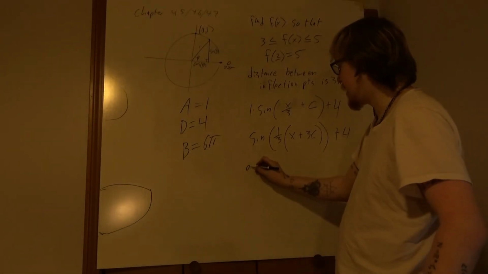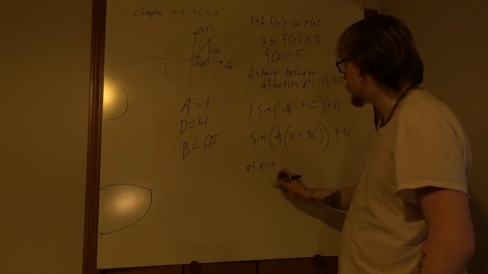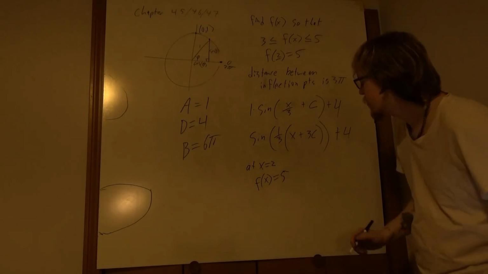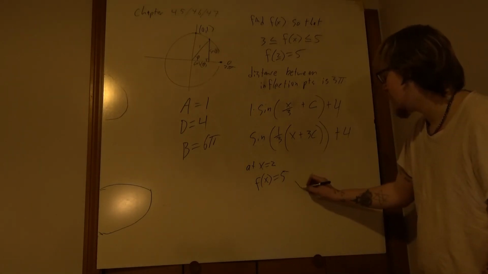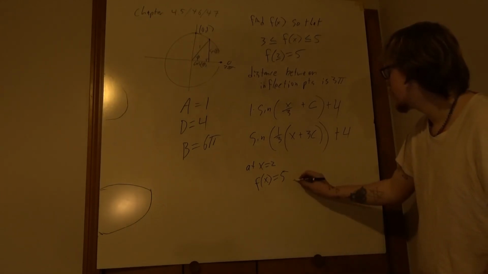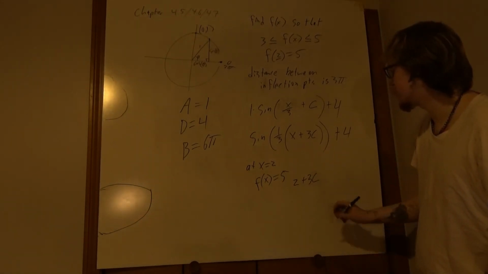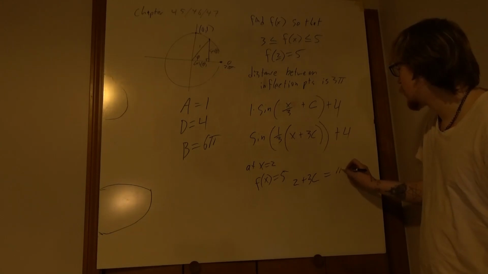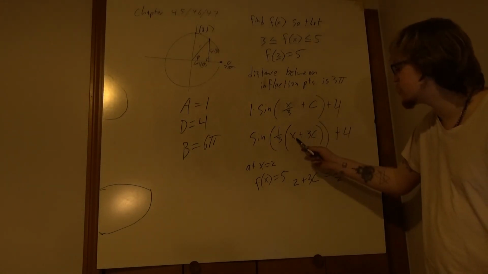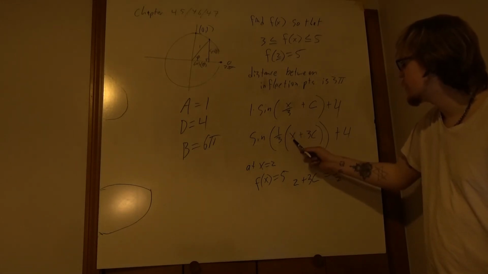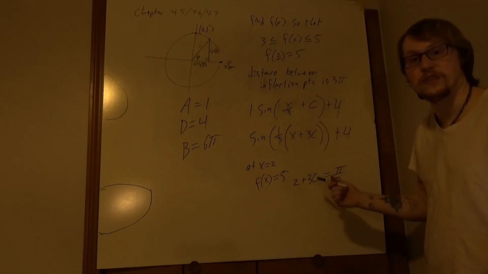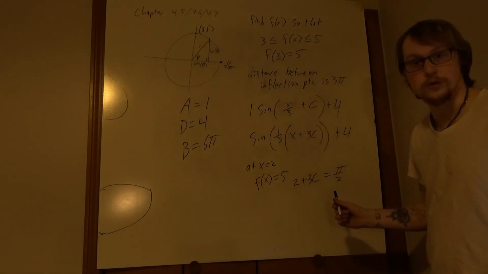We know that at x equals 2, f of x equals 5, and so we need 2 plus 3c to equal pi over 2, right? So that when we input 2 into this, we need to figure out what we have to shift it by so that it effectively thinks all of this is pi over 2.